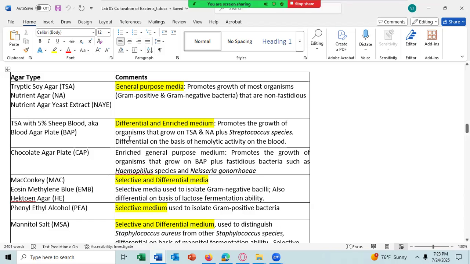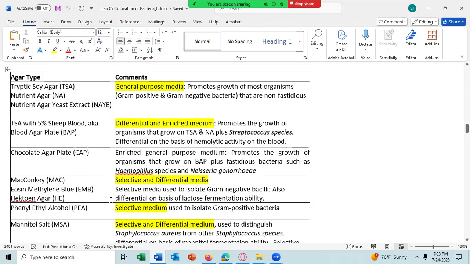So enriched and differential. There's also chocolate agar, and this is an enriched media promoting the growth of some bacteria. Streptococcus pyogenes can grow on chocolate agar. Haemophilus influenzae can grow on chocolate agar.